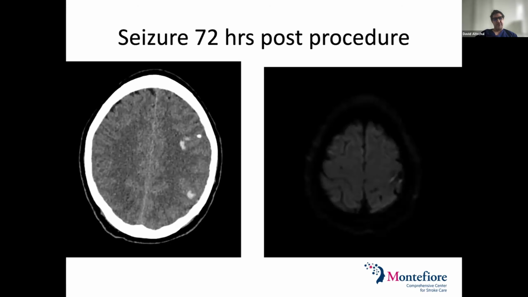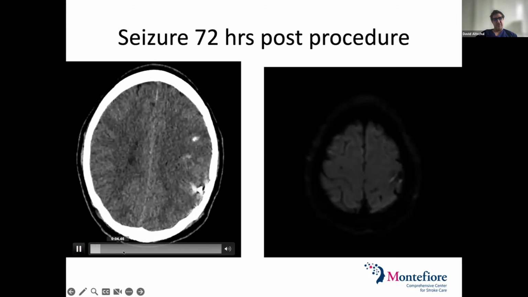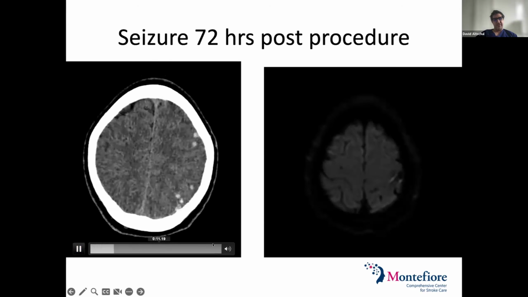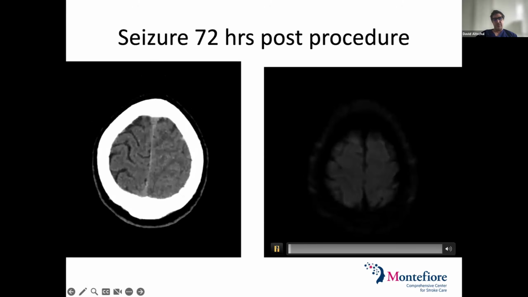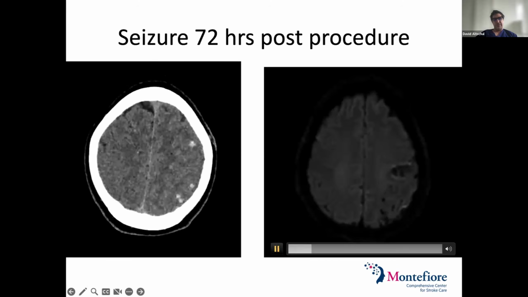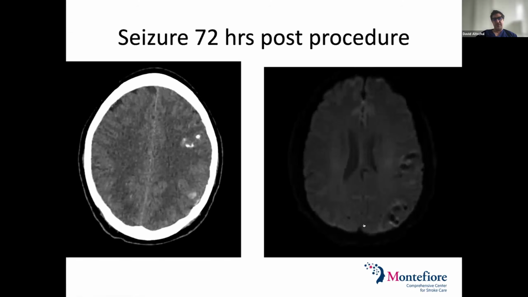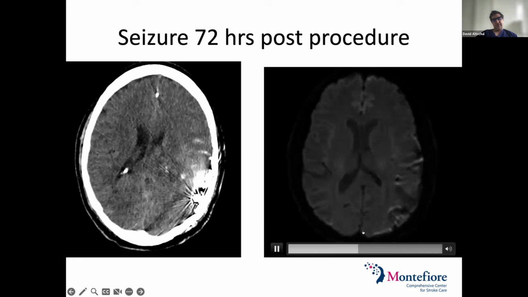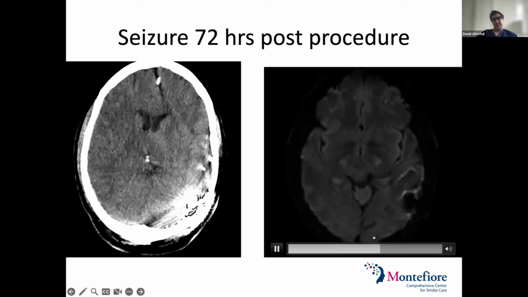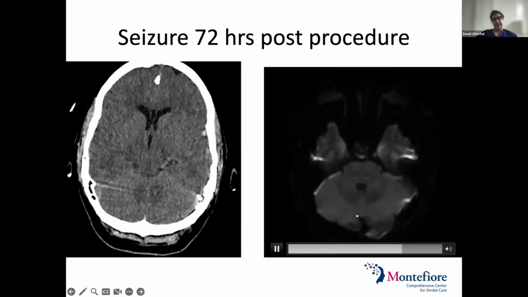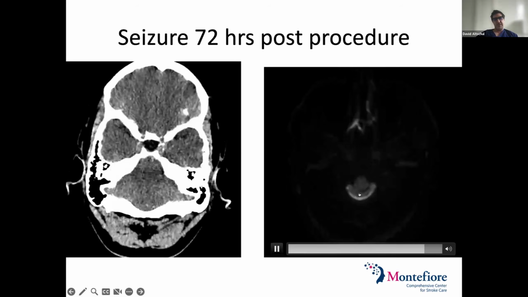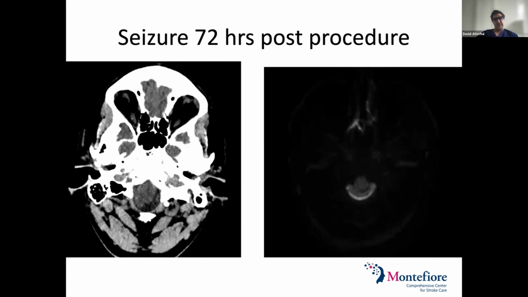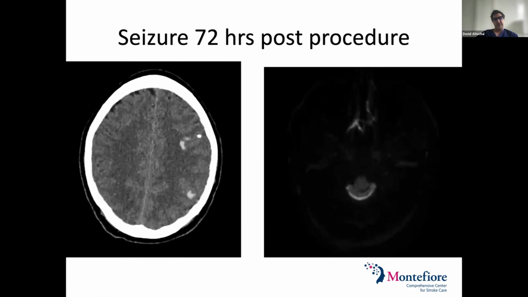72 hours after the procedure, he had a second seizure. What we see looks like either some cortical venous thrombosis in those veins or just slow flow. There was no stroke or hemorrhage with that, and we converted him to anticoagulation and decided to wait a little bit before doing the second stage.